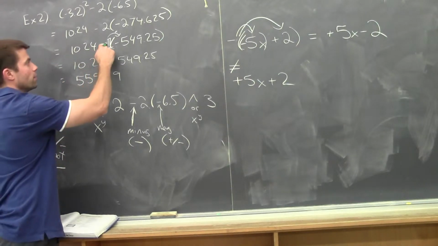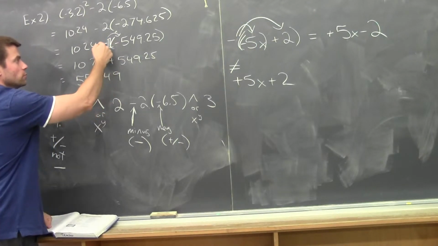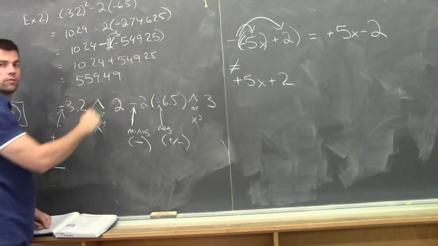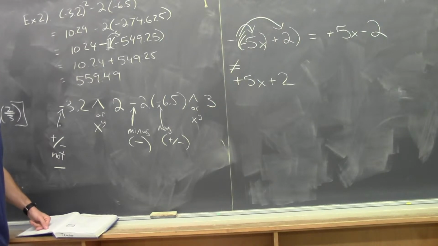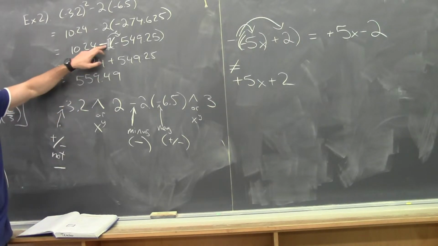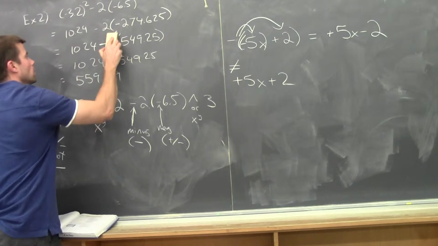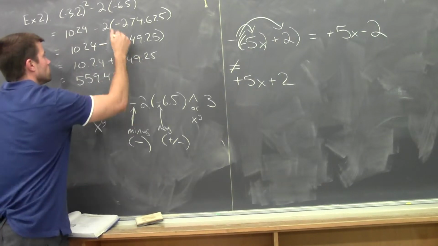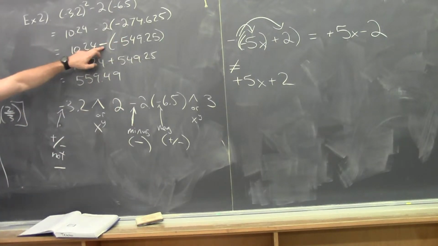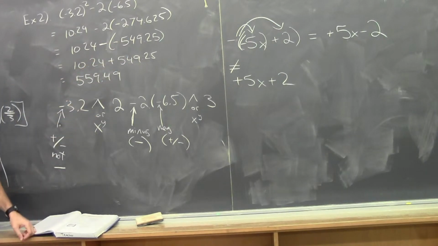No, you're going to add it because it's a negative, negative. You are subtracting a negative number, so you're adding a positive number. I don't know if I confused you guys with that 1 there, but you're subtracting a negative number so it becomes positive. Okay?